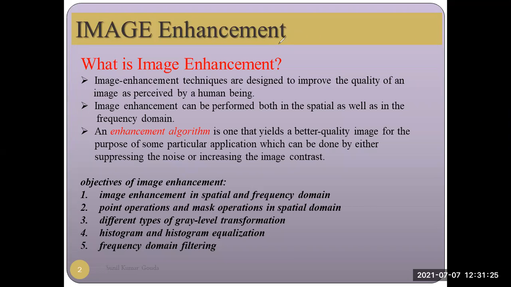Basically, image enhancement is done to improve image quality so that in higher level applications, such as information retrieval or data analysis, the results can be better if the image is of better enhanced quality. This is the main reason we perform image enhancement.